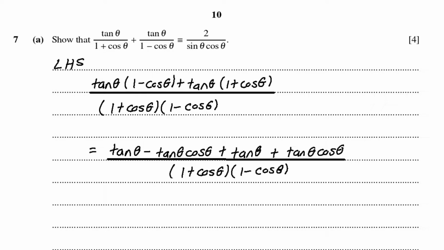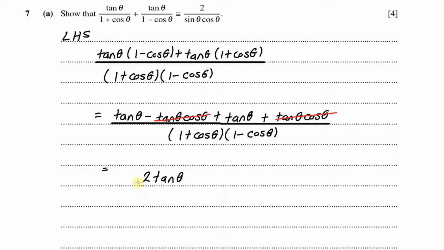So right here, minus tan theta cos theta plus tan theta cos theta gives us 0. So we're left with tan theta plus tan theta, which gives us 2 tan theta. And it's all divided by the denominator, 1 plus cos theta, bracket 1 minus cos theta.